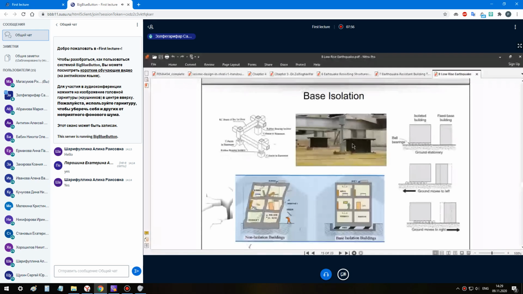As shown, one of the base isolation slides, you can see the schematic shape of a non-isolated building and the movement and overturning in the structure, and another one, a base isolated building, which maintains more stability and has no destruction, as shown in these shapes.